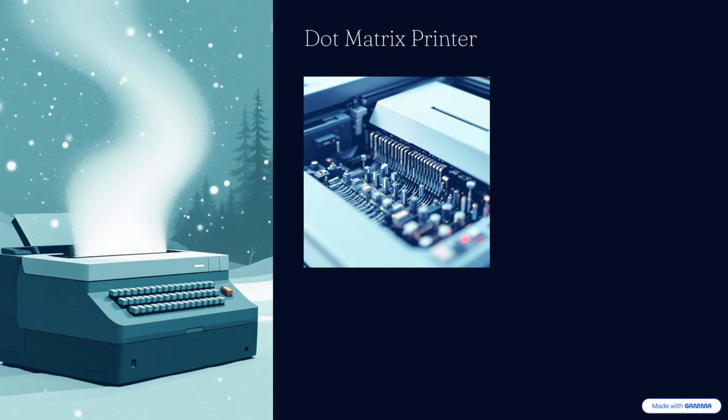Dot matrix printers tend to be slow, with a printing speed of around 300 characters per second. For multi-copy capability, it is used to print on multi-part stationery to prepare copies of a document. This is one example of a printer.